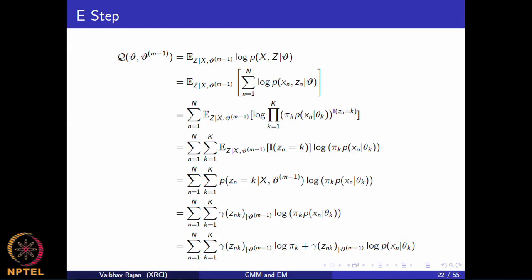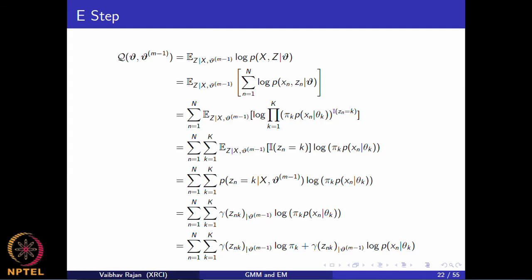Now, I can take this summation outside by linearity of expectations. So, the summation goes in, the expectation is here, and now this complete log likelihood can be written in this form, right. So, we can derive this formally, but intuitively it is very clear.